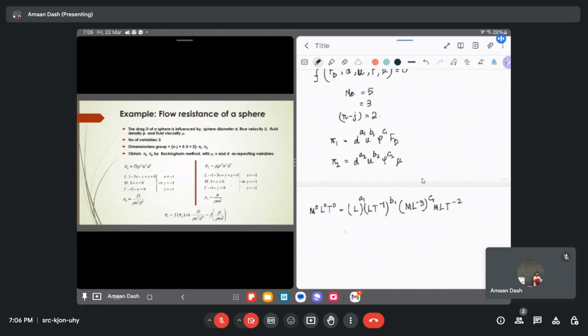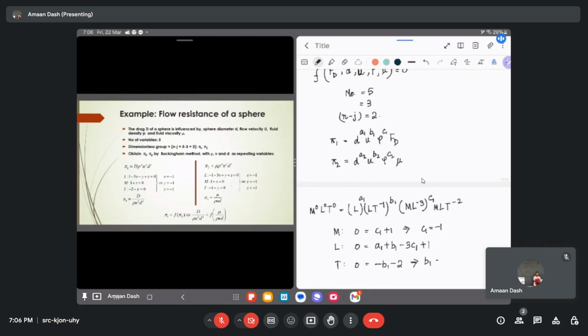Correct. So if we do m, then it will be 0 is equal to c1 plus 1. This implies we got c1 is equal to minus 1. L is nothing but again 0 is equal to a1 plus b1 minus 3 times c1 plus 1. And t is nothing but 0 is equal to minus b1 minus 2.